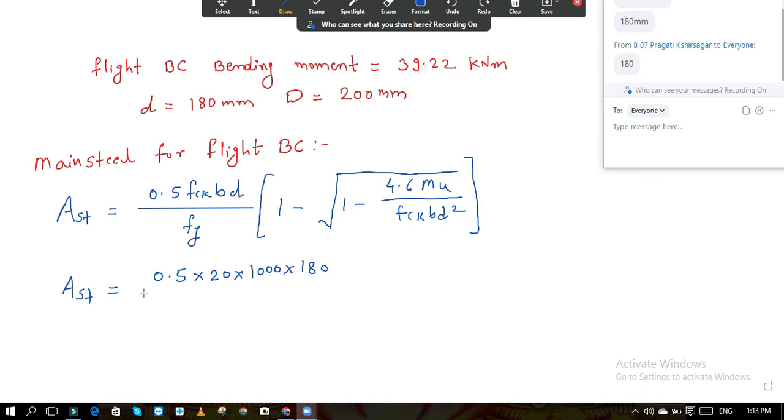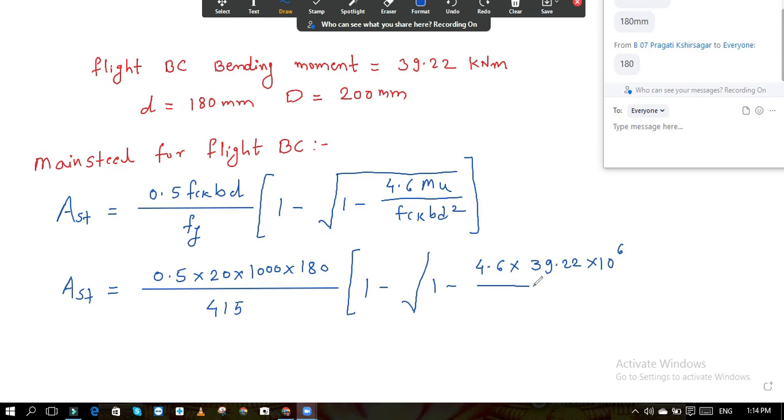Here small d is there, so effective depth, divided by fy, which is 415, in bracket 1 minus square root of 1 minus 4.6 into Mu, which is 39.22 kilonewton meter, so 10 raised to 6 Newton mm, divided by fck b d square.